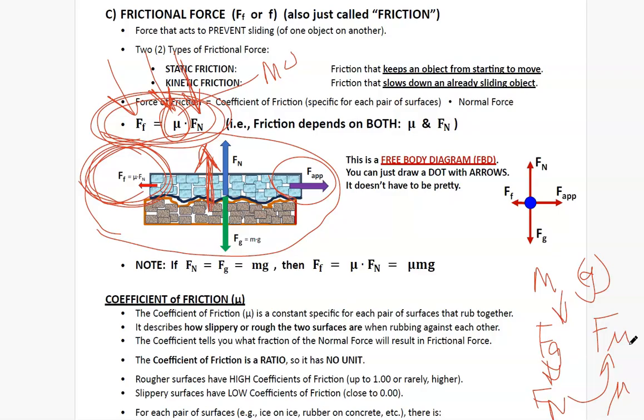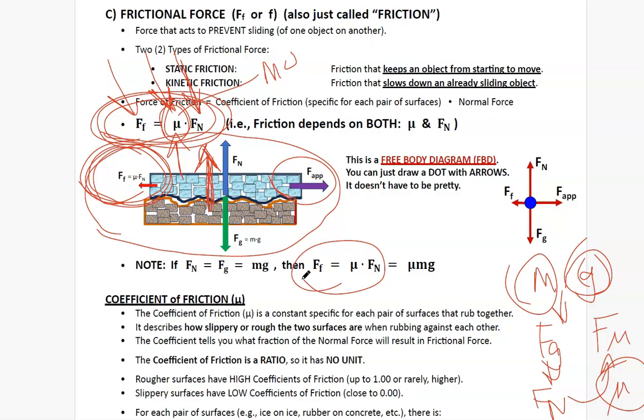So with just three things, you can get the values for those three forces. So it's always good to keep your eye out for those things in a test problem. Sometimes they might give you the frictional force and you'll be asked to calculate mu instead. So it's a great little formula. Frictional force equals mu times the normal force.